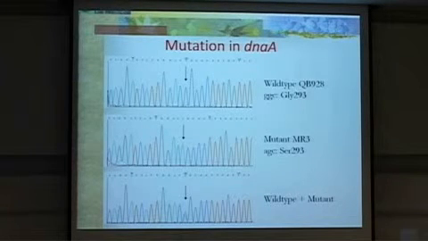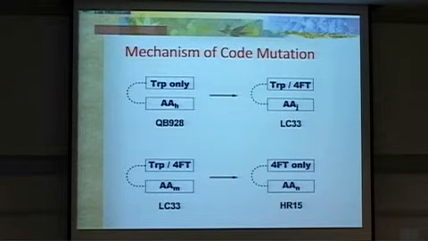The thinking is that for a tryptophan residue, for example, in the wild type, many tryptophan residues do not really care if you change them to 4-fluoro, because the context of that residue allows the replacement without too much disturbance of the function. But there are some critical residues which can only work with tryptophan. So under these circumstances, you put 4-fluoro into this place, or 4 or 5-fluoro, and this protein will not function anymore, so the cells will die.